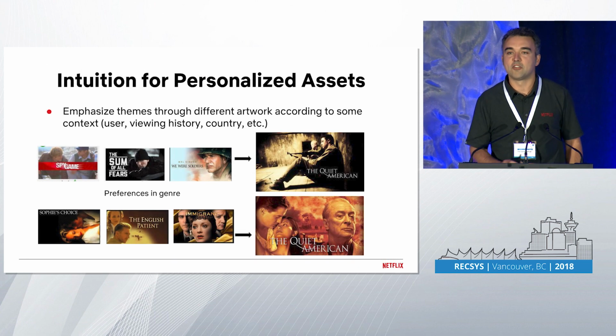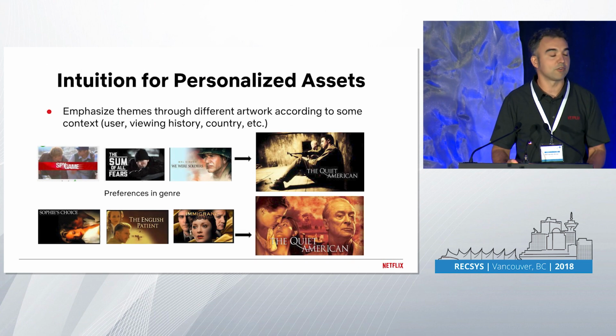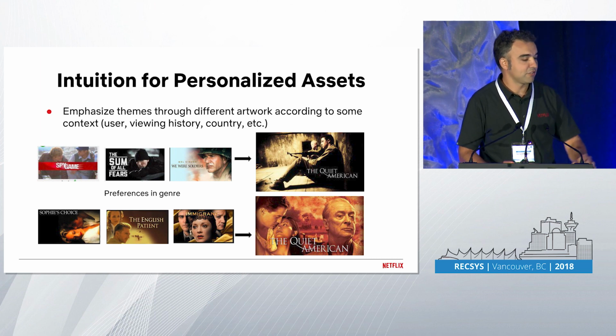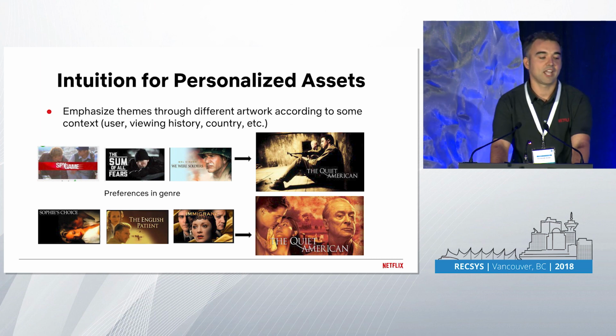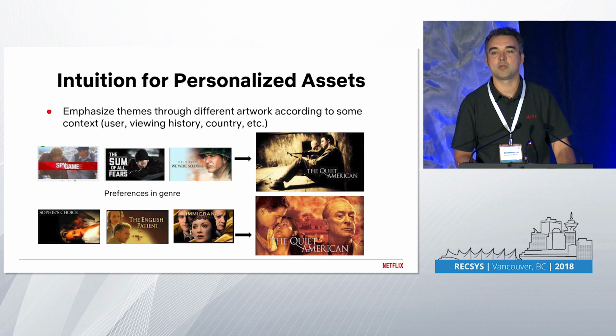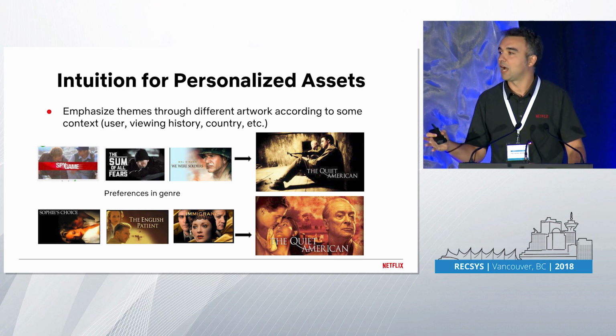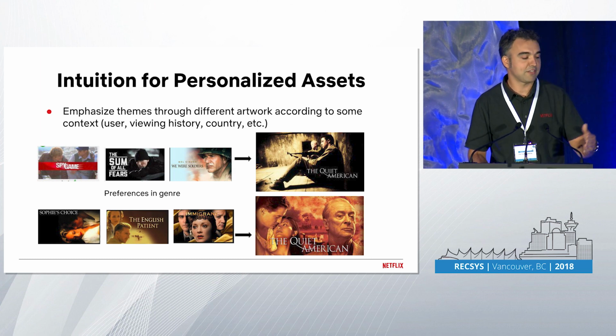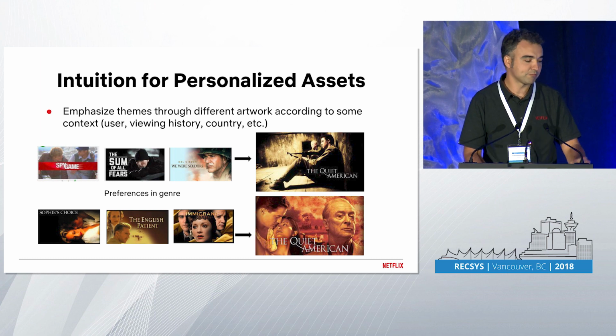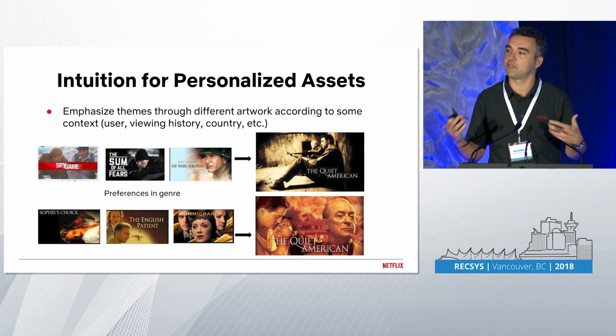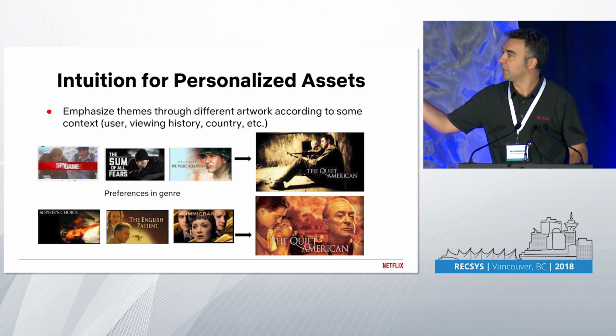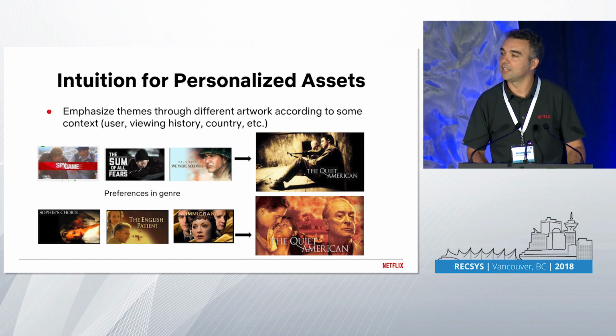And so some very classical examples just to frame the problem. Let's say you have this movie, which is The Quiet American, and it's a war action movie, but also has a romance plot underneath. You can imagine, you could look at some users that have watched a lot of action war movies. Probably a picture that depicts that theme is better.